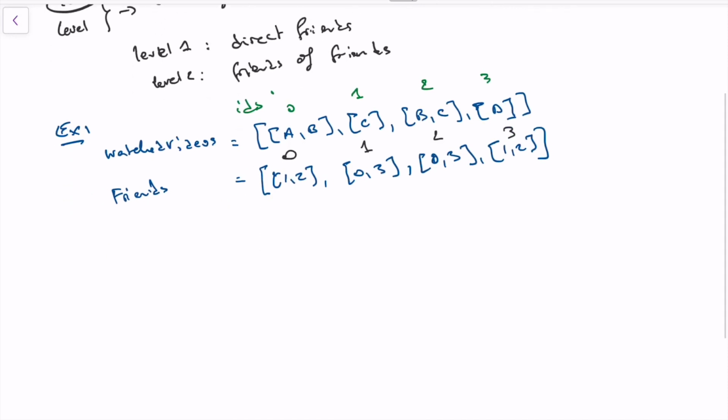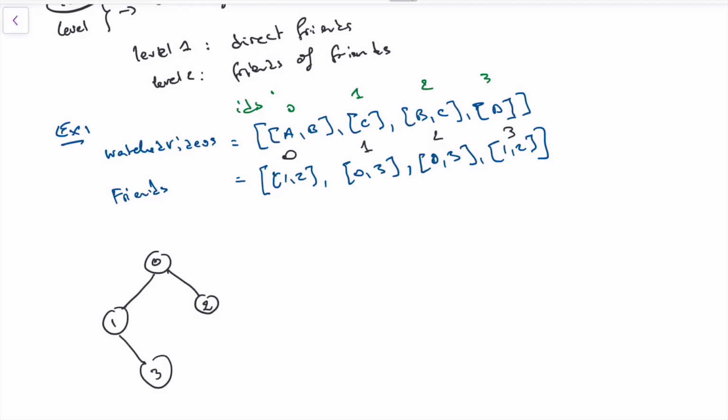So if we draw the graph for this, we would end up with something like this. We have 0, which has friends 1 and 2. And then 1 has friends 0 and 3.